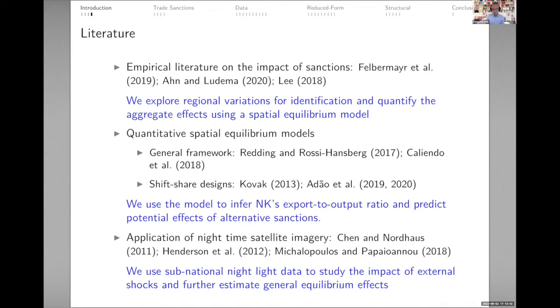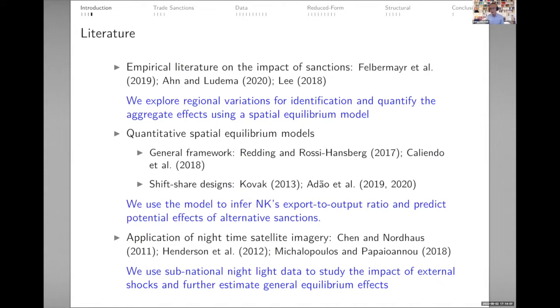So briefly, the paper relates to three strands of literature. The first is the growing literature that provides empirical analysis on the impact of sanctions. Our contribution there is we try to look at subnational variation to provide some identification technique where we can provide an estimate of the impact of sanctions on the North Korean economy.